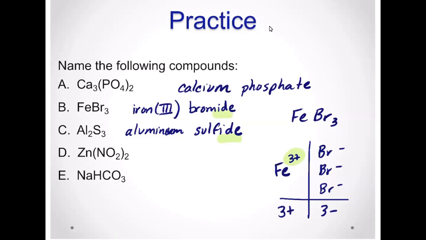This next one is a polyatomic ion. Now we have zinc. Although zinc is a transition metal, remember it's one of those fixed charges, so it's always 2 plus. I don't need the Roman numeral, so I can just write zinc. And this is NO2, 1 less oxygen than nitrate, so that one is nitrite.